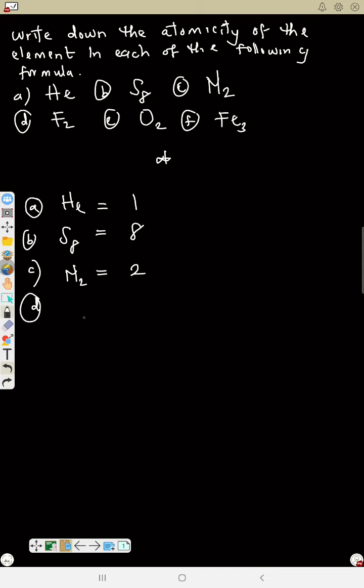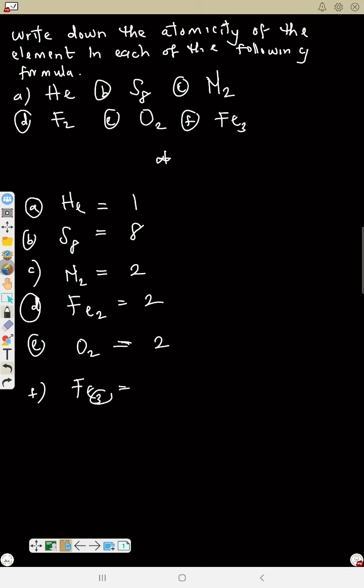D, I have F2. What is the atomicity here? I have 2 atoms of fluorine. So that will be 2 atomicity. E, I have O2. I have 2 atoms of oxygen, so its atomicity is 2. Then the last one, F, I have Fe3.